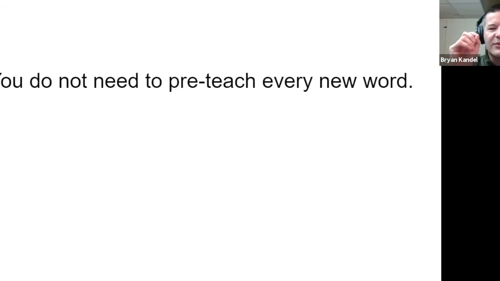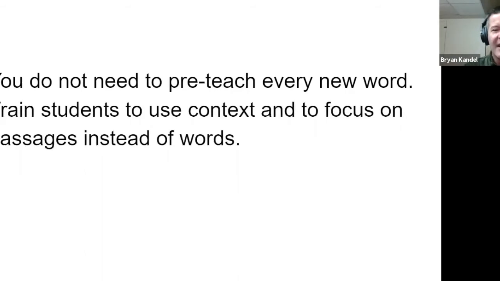As we get into this, that doesn't mean that you have to pre-teach every new word that your students don't know when you look at a text, because as we know in any language, using context clues is a skill that's very important to reading. So we're going to train students to use context to understand words they don't know, and also to focus on reading passages and not every single word.